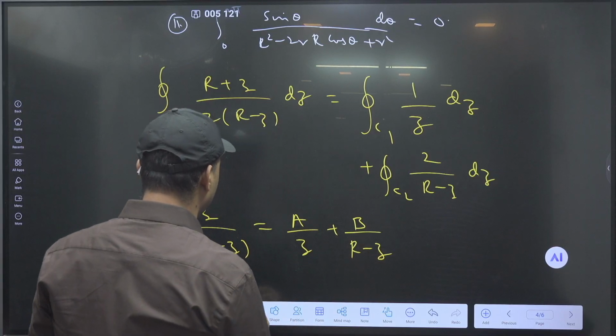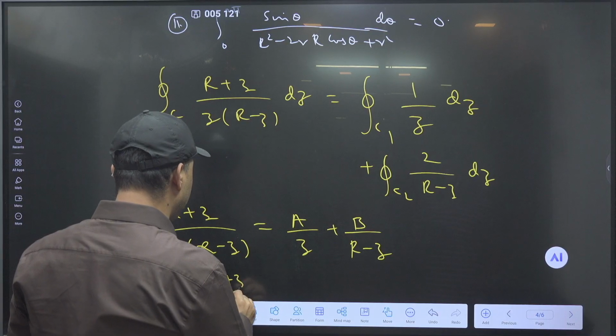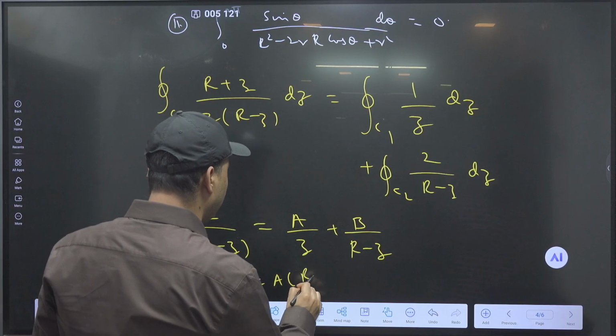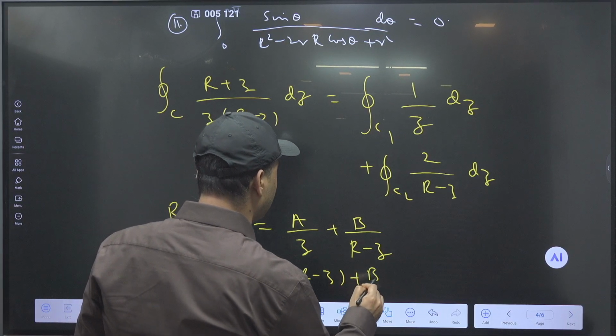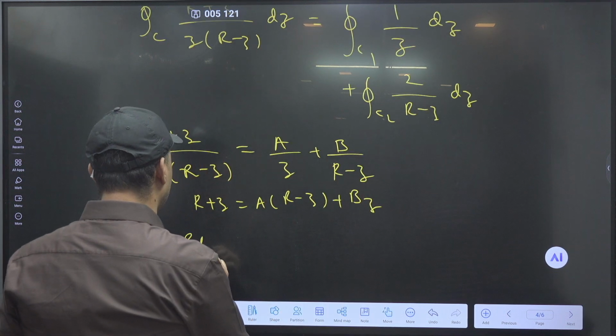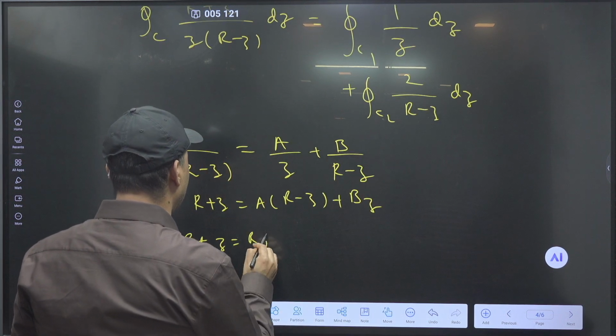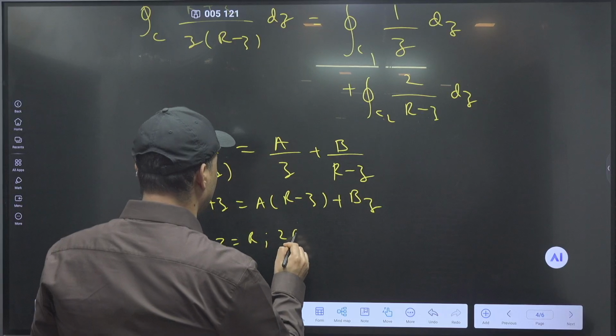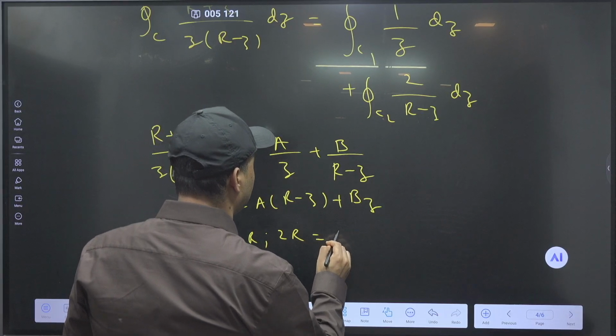Now if you do R plus z is equal to A into (R minus z) plus Bz. So if I put z is equal to capital R, so this is your 2R is equal to BR.